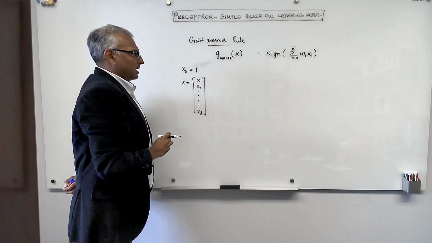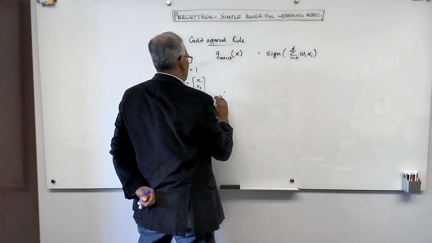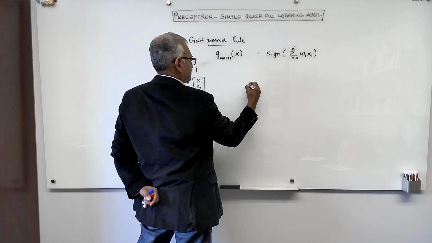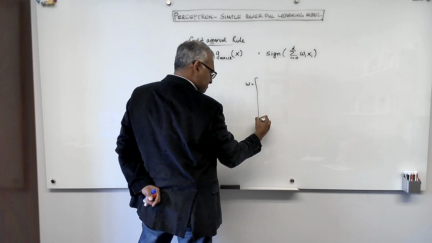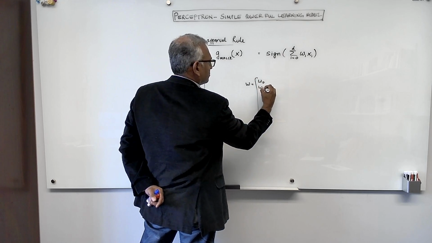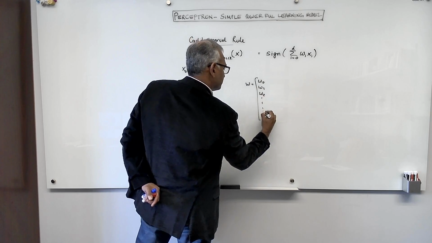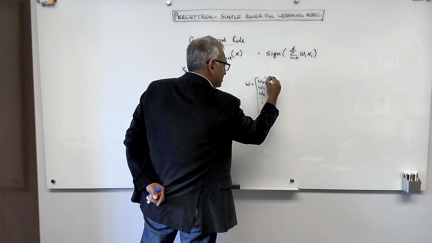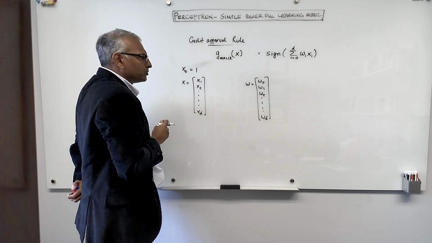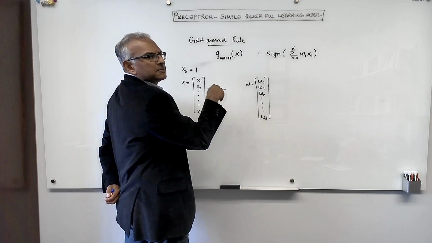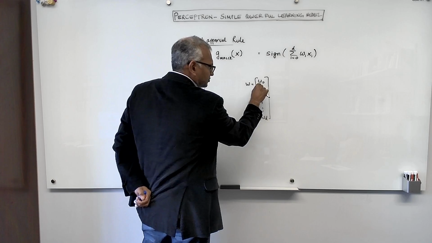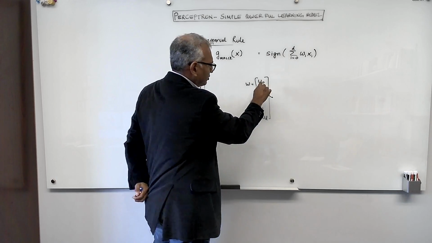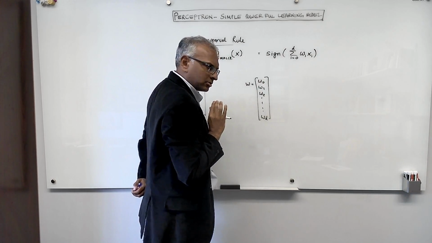And we have d plus 1 weights. So w is equal to w0, w1, w2, up to w sub d. And these are the weights that I came up with in the darkroom. And just to remind you, w0 is related to the threshold. w0 is equal to the negative of the threshold.